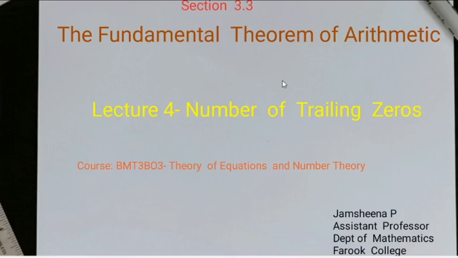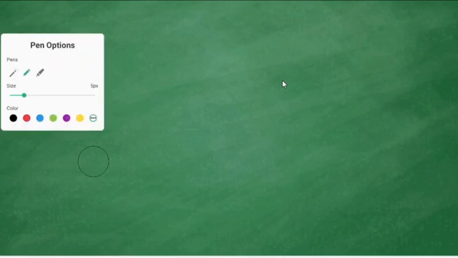Hello all, in this lecture we will discuss the number of trailing zeros in n factorial by the fundamental theorem of arithmetic. So our topic is number of trailing zeros.